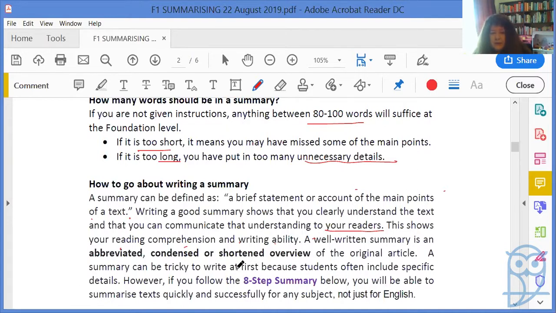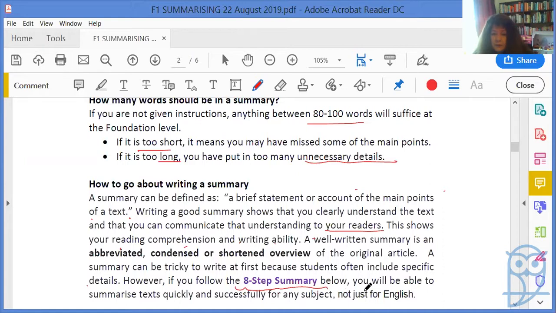A summary can be tricky to write at first because students often include specific details, and that's, of course, a big no-no. A summary is a shortened version. Why would you include the description or details? However, we have an 8-step summary that we can use to write a good summary.